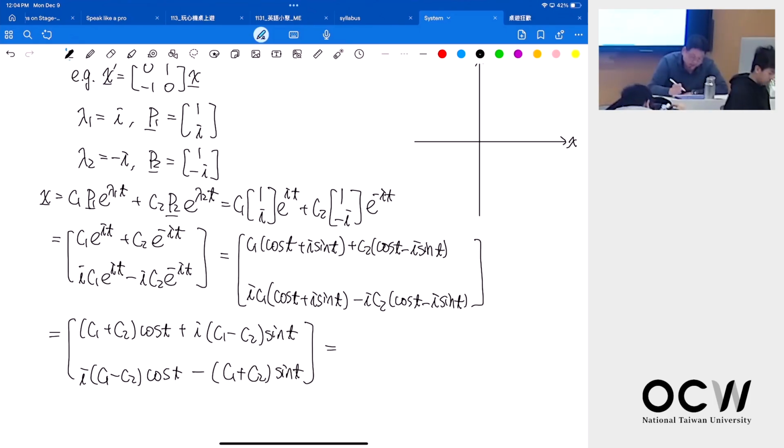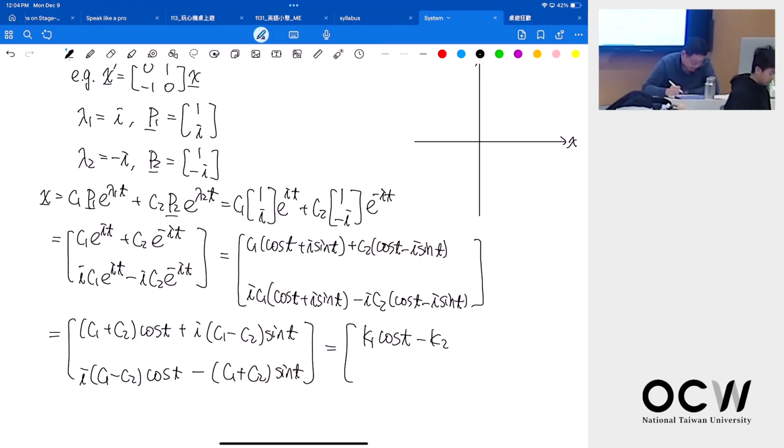C1, C2 are constants, so I can call C1 plus C2 K1, since it is still a constant. I just combine that and give it another name, K1.